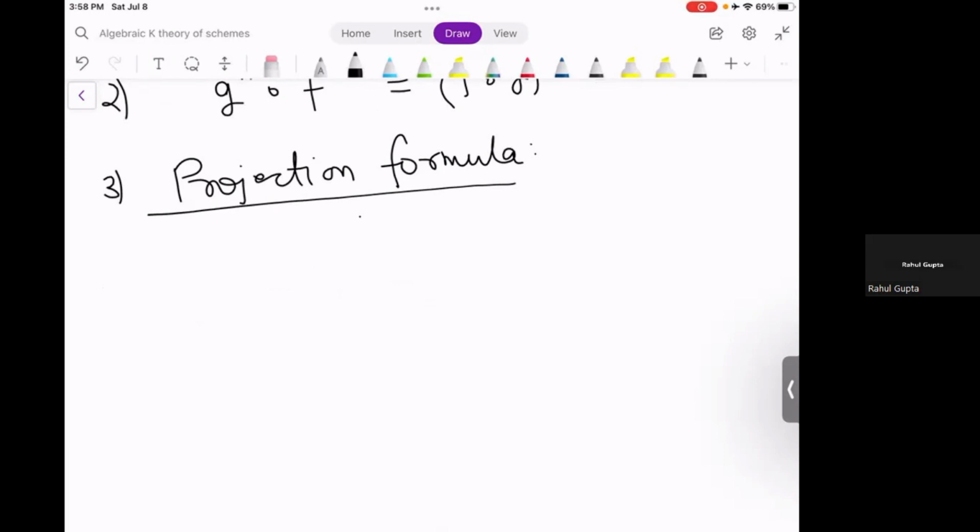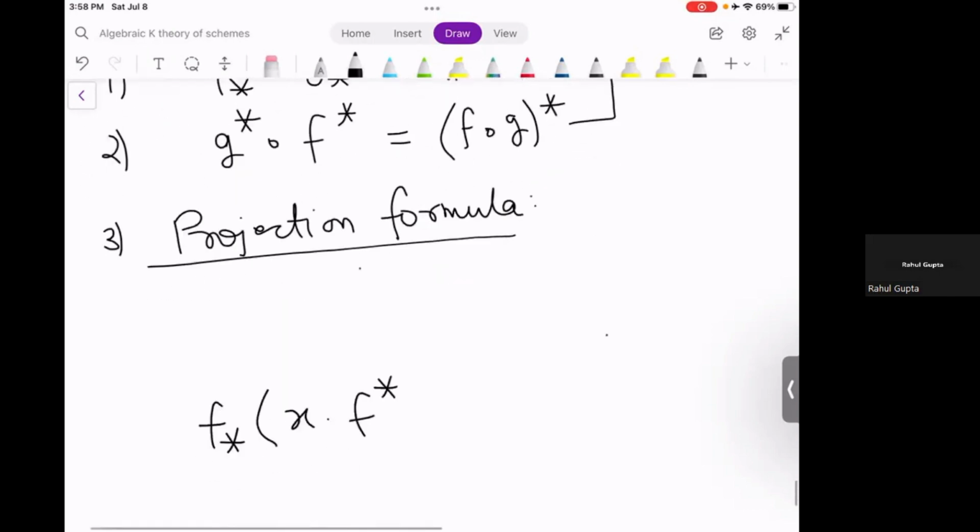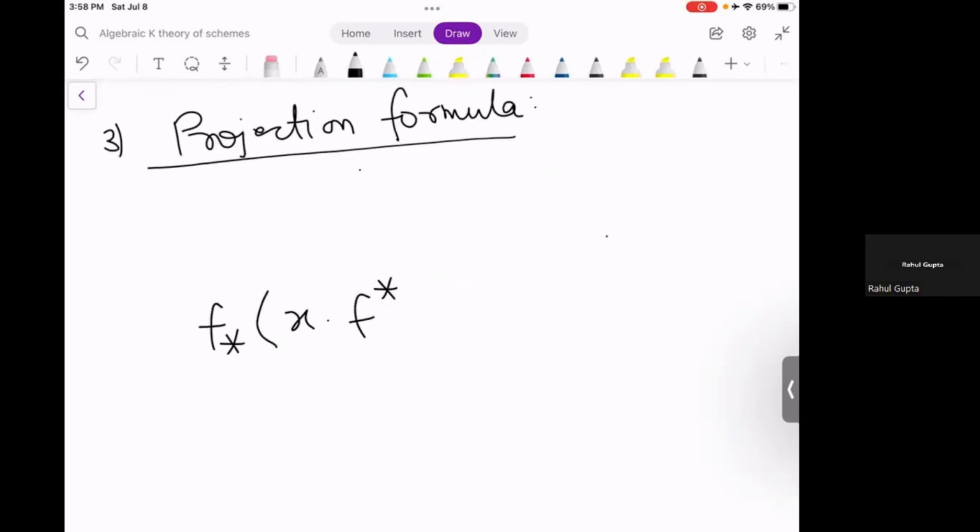So projection formula is something like this. If you take the push forward of x, for this I need some more things. There's one more thing which I have to mention, but let me mention it after this. The projection formula says that if there's a product structure and I take the pullback and take the product with something on top and then push it forward, then it should be the same as pushing forward things from the top and taking the product with y.